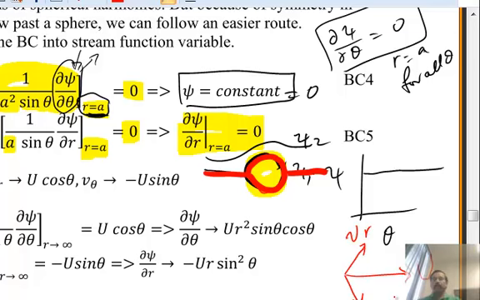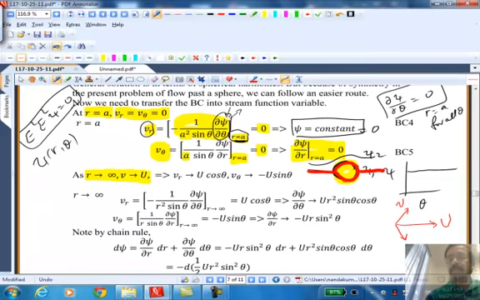Vr would be along the radial direction. If that is the radial direction, I should put this as Vr. So think of this point that is away from that. This would be Vr, and the one that is tangent to it would be V theta.